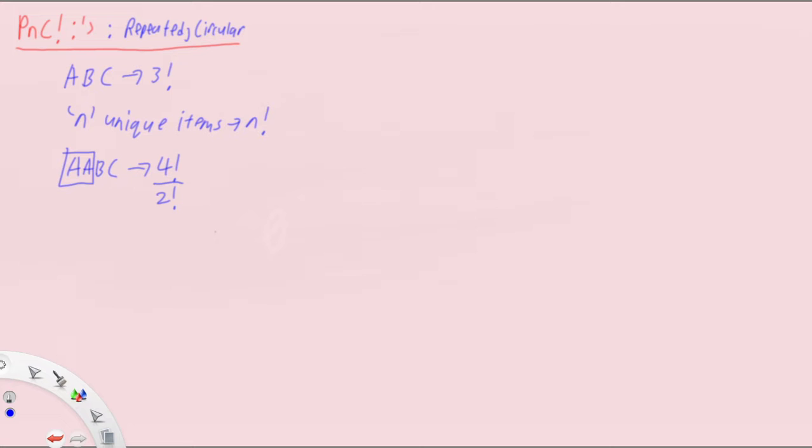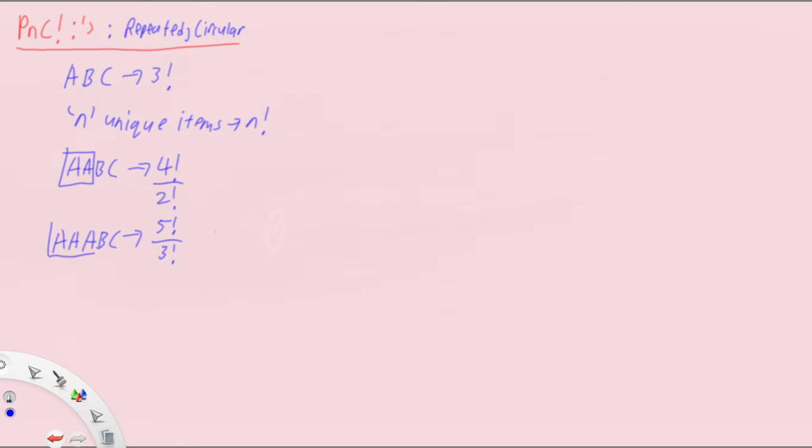So the idea is that, let's say for example, we have AABC itself, we actually counted AABC twice because we have A1 and A2, A2 and A1. And because of that, we will then divide by 2 factorial. And this actually applies to, let's say now, 3 A's, 5 items, so it will be 5 factorial divided by 3 factorial.